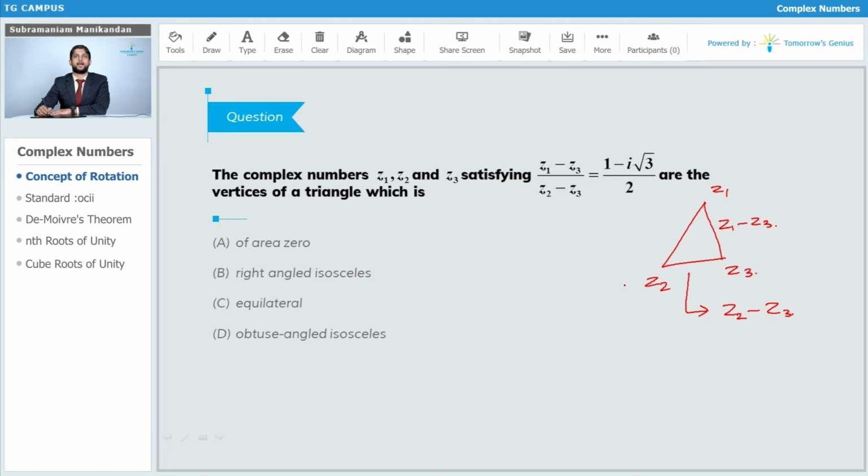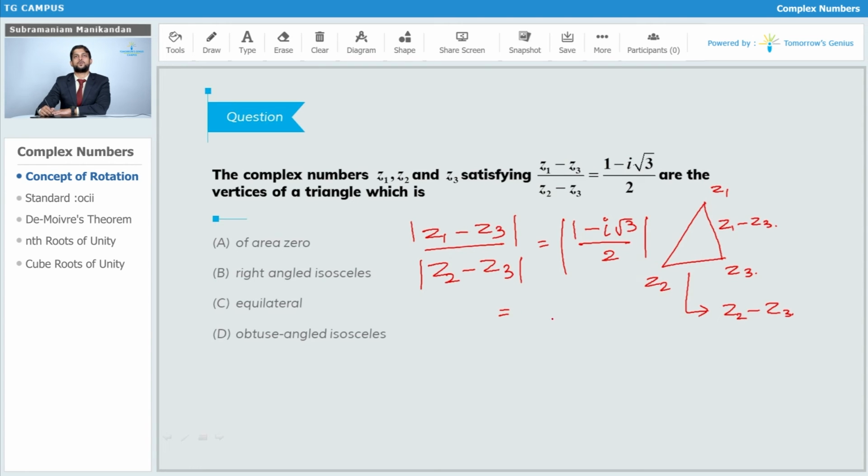Okay, and so what do we have? z1 minus z3 divided by z2 minus z3. And suppose I take modulus of that. So modulus of z1 minus z3 by modulus of z2 minus z3 is equal to modulus of (1 minus i root 3) divided by 2.